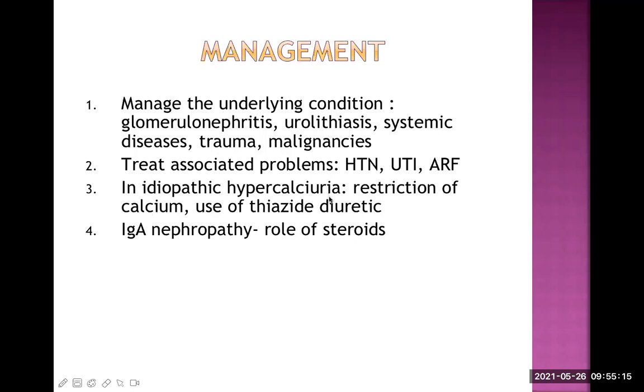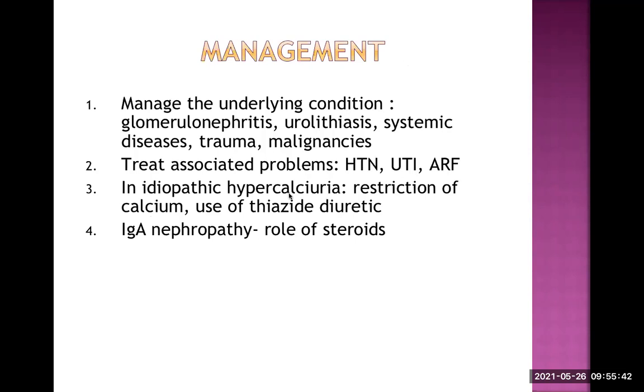Treat the associated problems of kidney involvement like hypertension, very, very commonly seen in any kidney disease. So give an antihypertensive drug if the blood pressure is persistently higher. If a urinary tract infection is there, go for treatment with antibiotics. And acute renal failure is usually treated by dialysis therapy for a shorter duration.